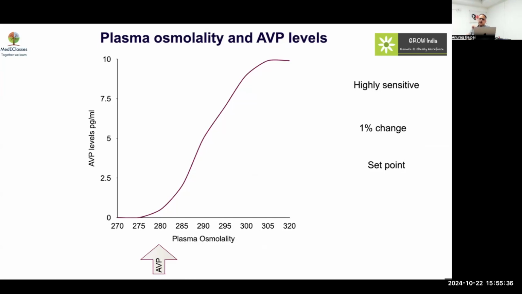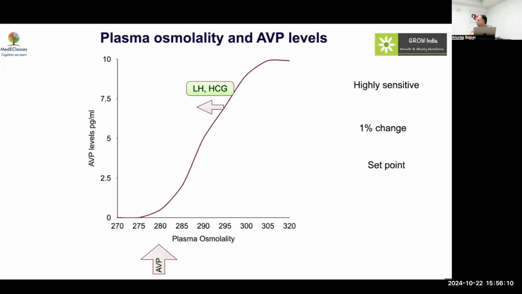Which physiological conditions can alter this set point? So if your set point is altered, like we talked about the calcium sensing receptor, your calcium may be set to a lower or higher level. When your set point is shifted towards the left side, you will have predominantly hyponatremia. When it's shifted to the right side, you will have hypernatremia. So in which physiological situations will you expect hyponatremia or fluid retention or edema?